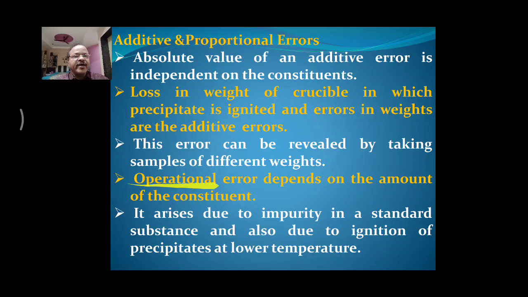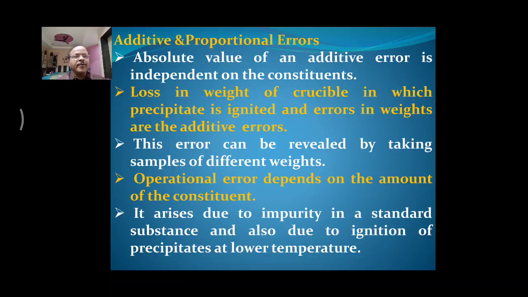The next type of error is operational error, which depends on the amount of the constituent. Operational errors arise due to impurity in a standard substance and also due to ignition of the precipitates at lower temperature.